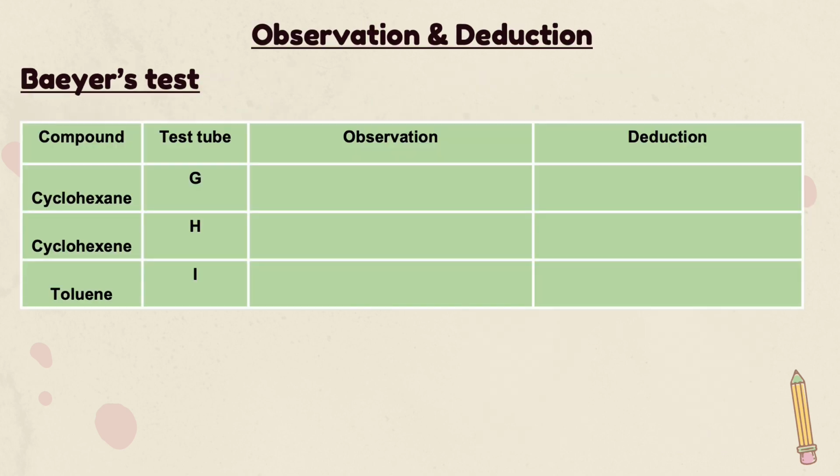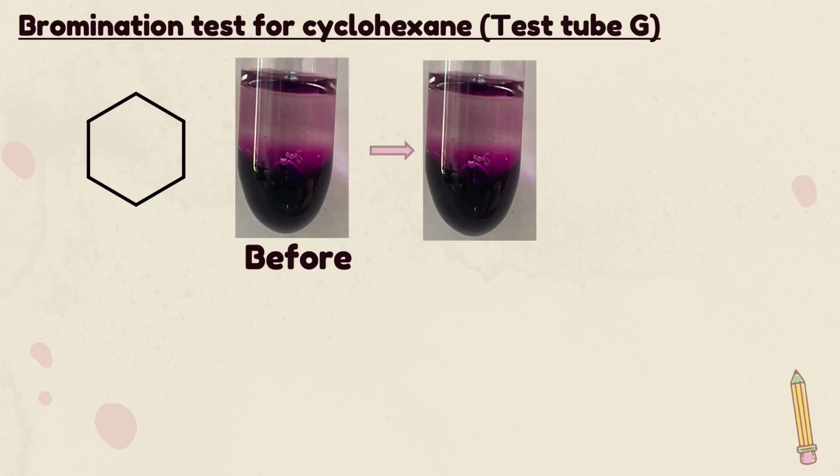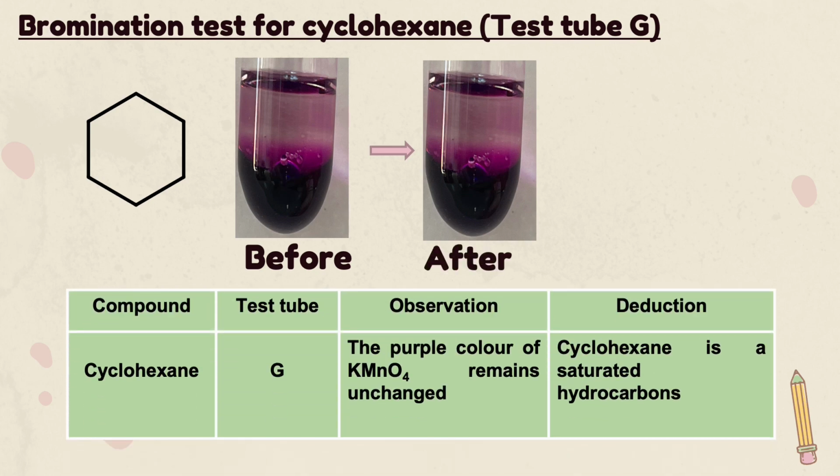Now, let's make a table as usual. If I test the Bayer's reagent with cyclohexane, cyclohexane is saturated, so we won't get any observation. The observation is that the purple color of KMnO4 remains unchanged. The deduction I can make is that cyclohexane is a saturated hydrocarbon.